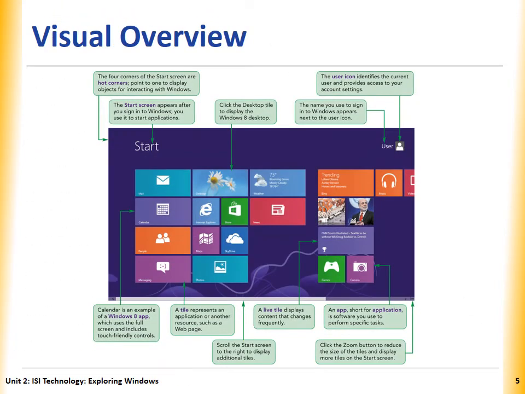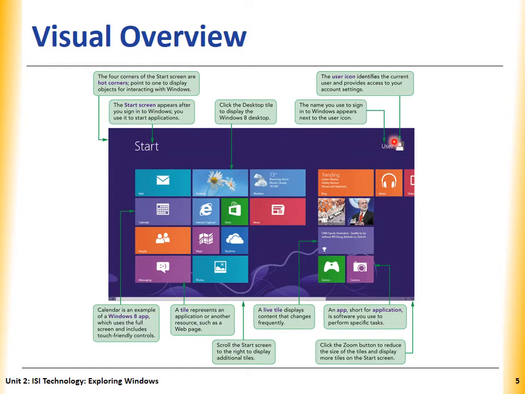Okay, let's look at the visual overview of the starting area in Windows 8. You can see here the start screen appears after you sign in to Windows. You use it to start applications, for example. Here you can see the user icon. You can change this anytime you want.